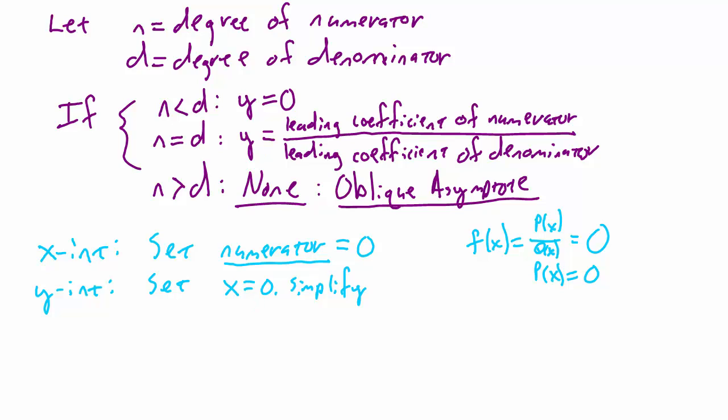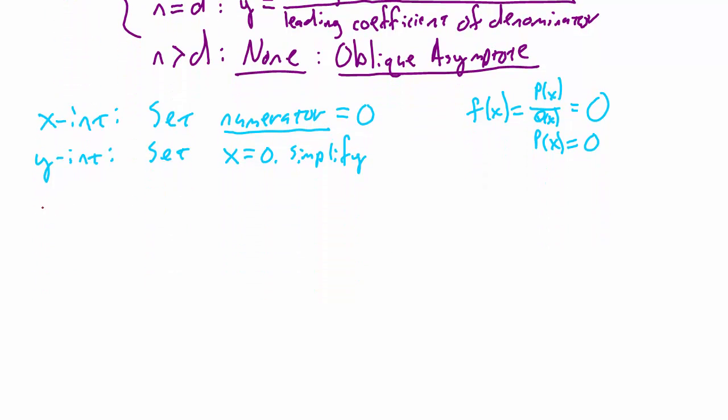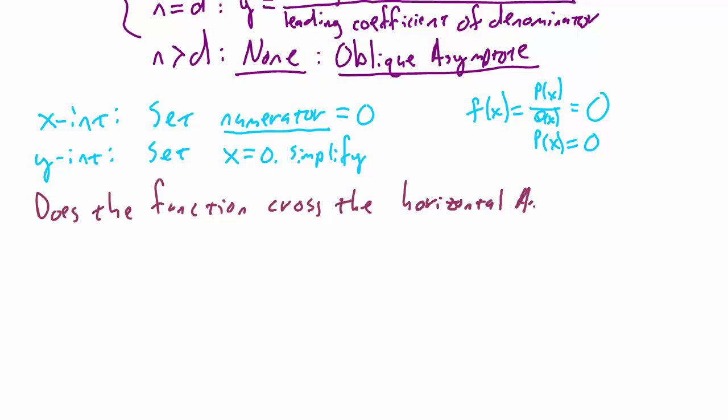Fantastic. And there's one more thing we need to talk about, and the question becomes, does the function cross the horizontal asymptote? And here's how you test that. You're going to set f of x equal to the horizontal asymptote, or whatever number the horizontal asymptote happens to be.